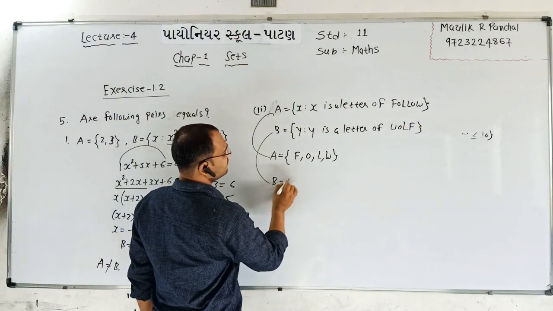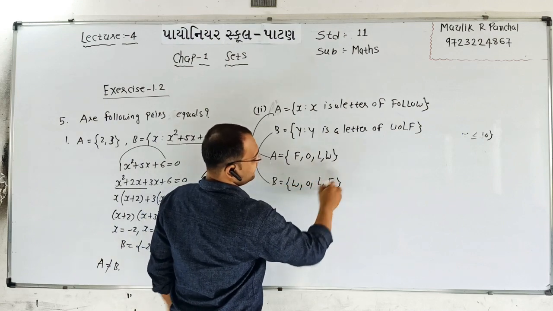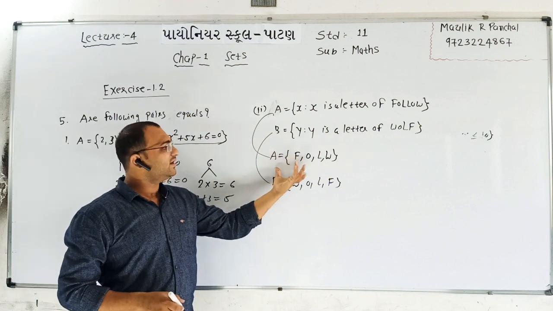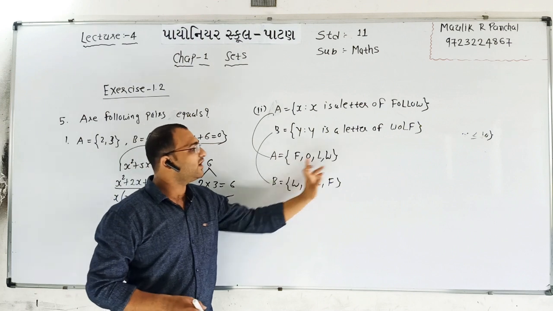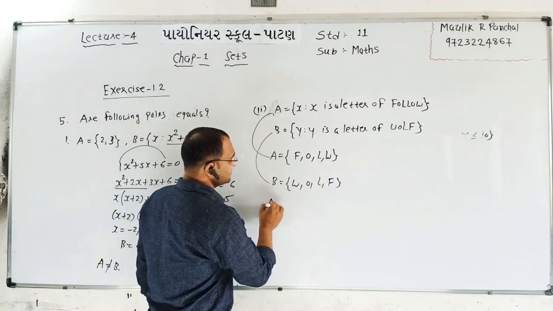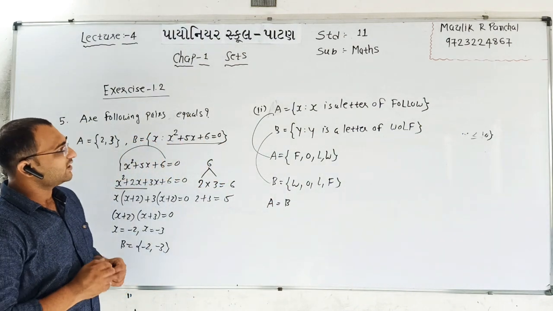B: W, O, L, F. Clearly both sets have the same members, F, O, L, W. That means these are equal sets, A equal to B.